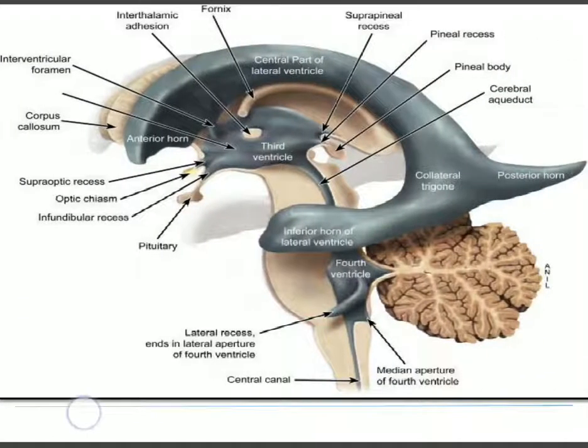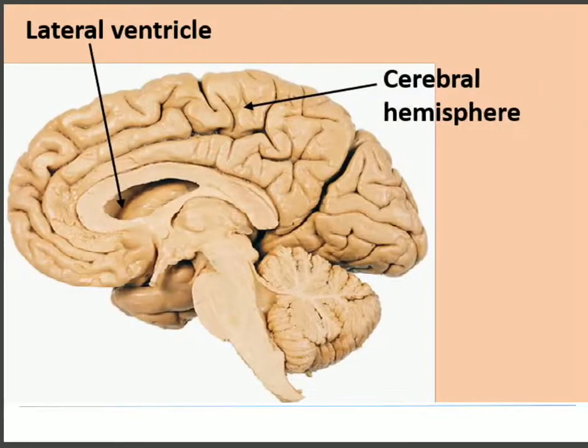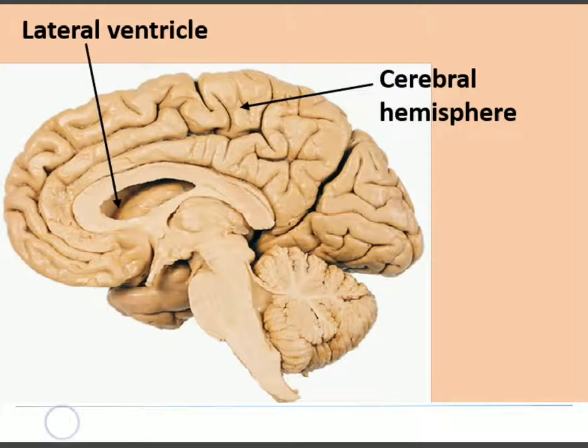This figure shows the relation of the corpus callosum with the lateral ventricle, how the various parts of the corpus callosum are related to the various parts of the lateral ventricle. This figure also shows the location of the lateral ventricle, and this white band is the corpus callosum. The various parts of the corpus callosum, like the genu, trunk, splenium and rostrum, can be seen here.